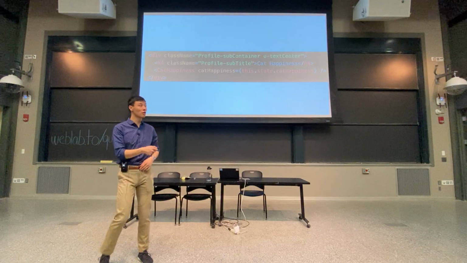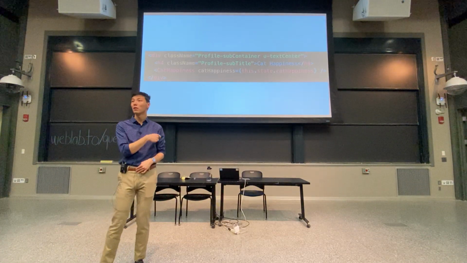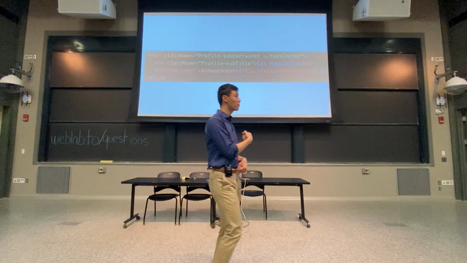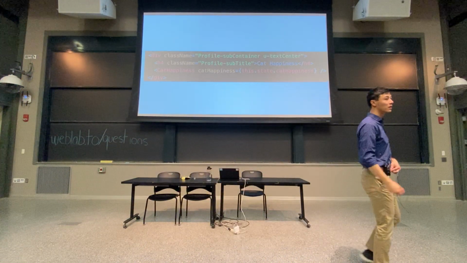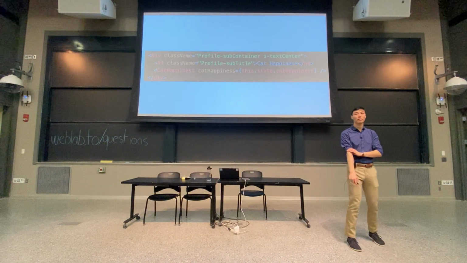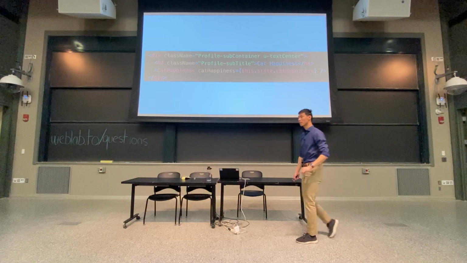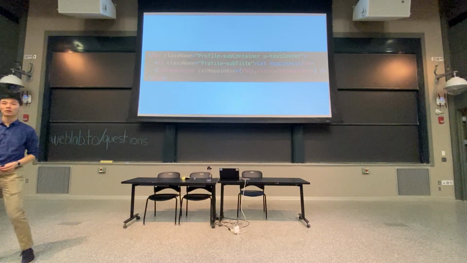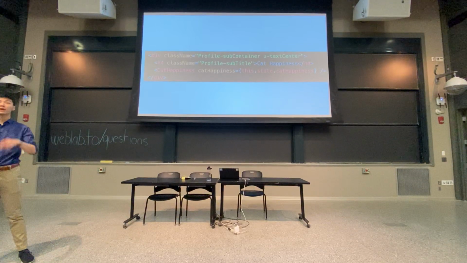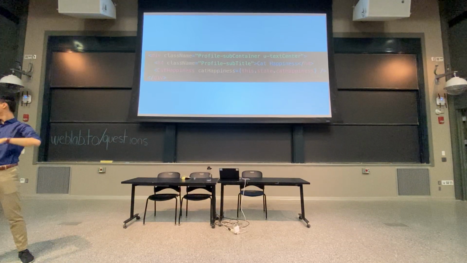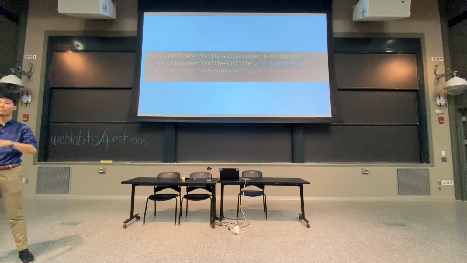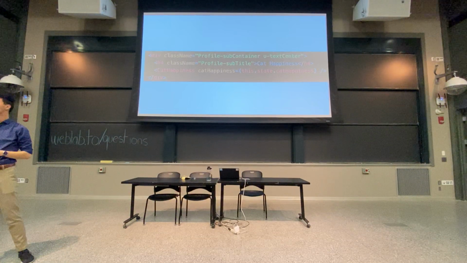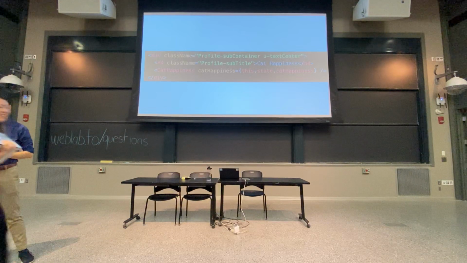So this just looks very similar to everything else, right? Except instead of text, you just put your cat happiness component. Do you need help?